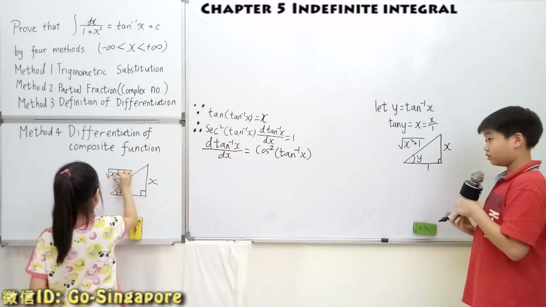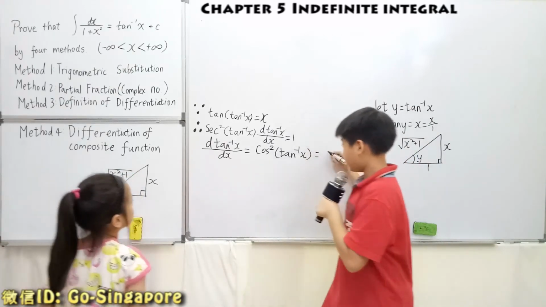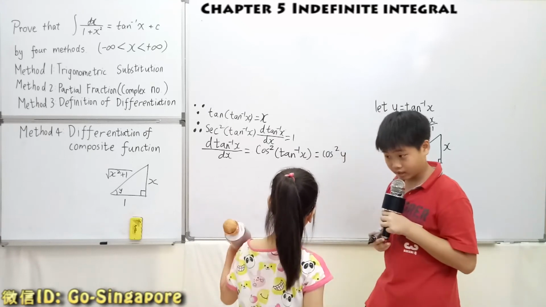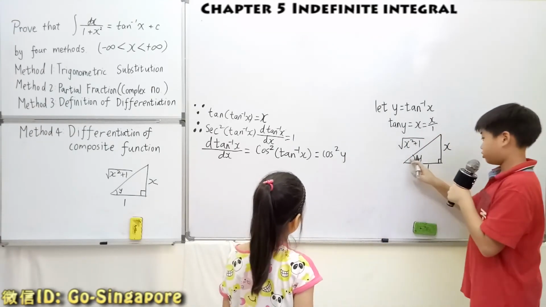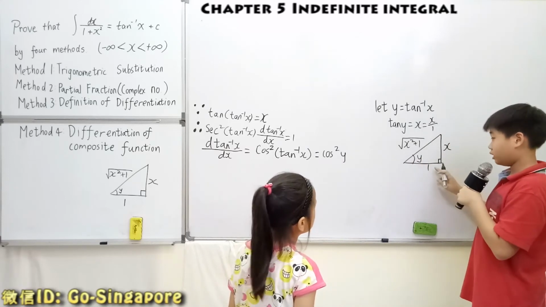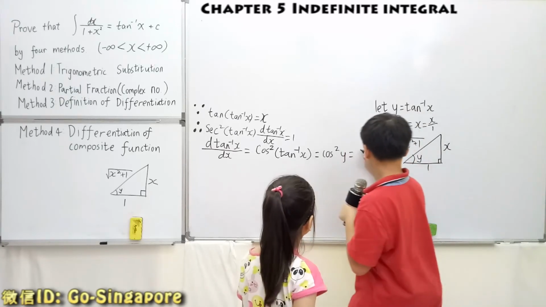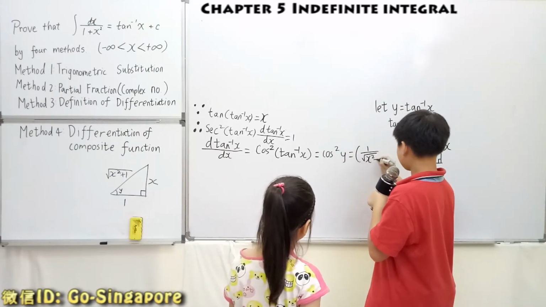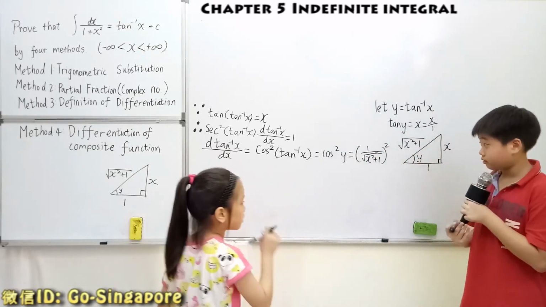Afterwards, here's the cosine squared y. So cosine y, for this angle y, is the adjacent over hypotenuse, which is 1 over the square root of x squared plus 1. This thing squared, right?